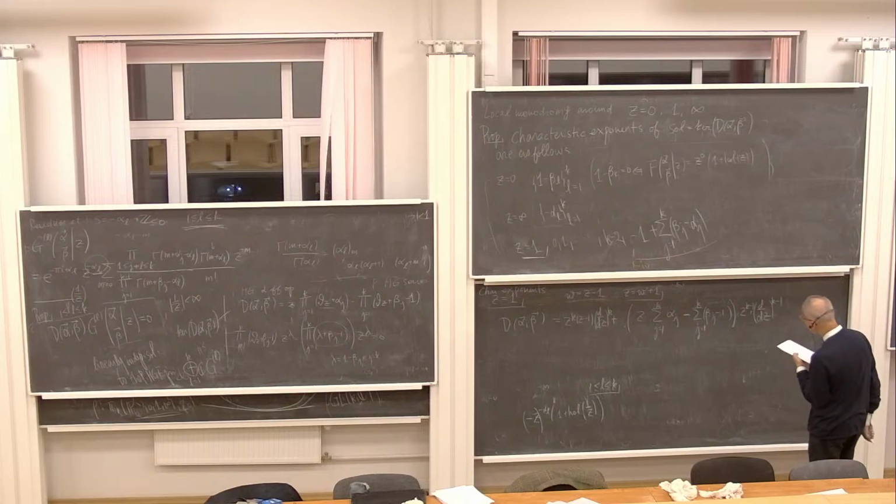This is the k minus first order terms, and then later the k minus two order terms, and so on.